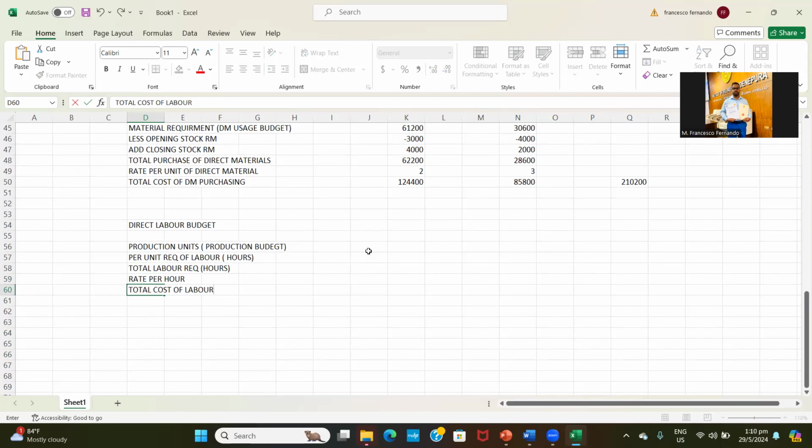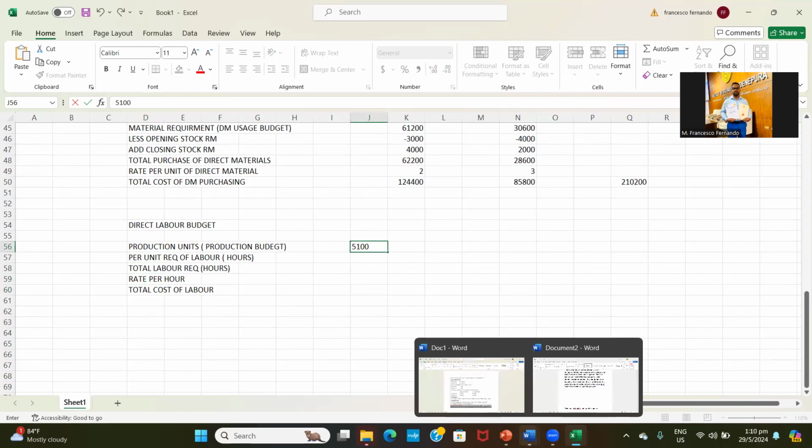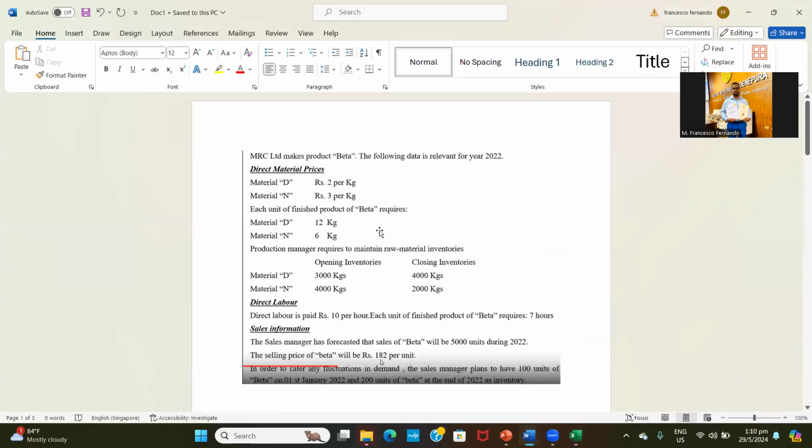So if you see the previous production budget, the production units were 5,100, and the per unit rate of labor is given in the question. Labor is paid 10 rupees and it requires 7 hours. So per unit requirement is 7 hours and the rate per hour is 10.